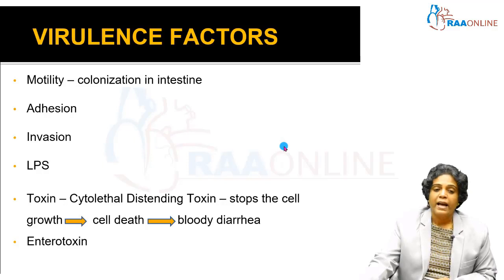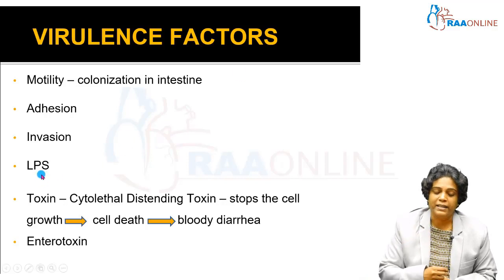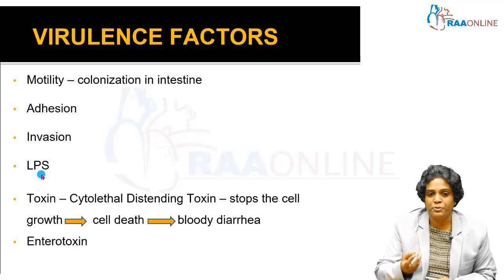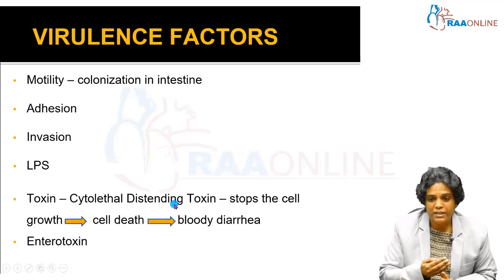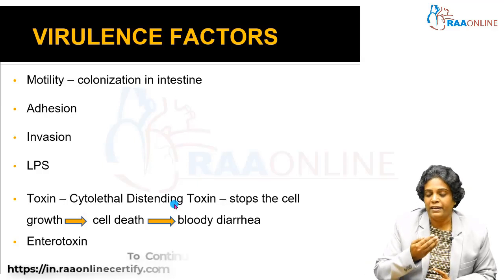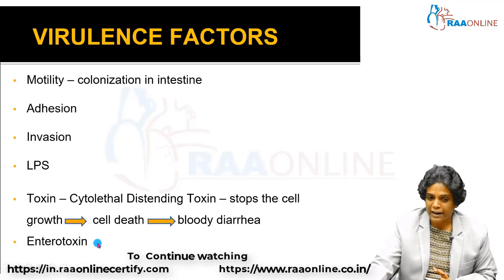Third, the lipopolysaccharide, since it is a gram-negative bacteria, also contributes to virulence, and it produces toxins. Two toxins it produces. One is cytolethal distending toxin. It will stop cell growth and further cause cell death, which will result in bloody diarrhea. And the second one is the enterotoxin.